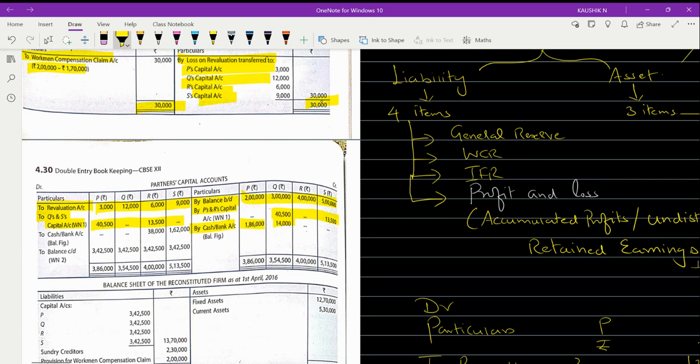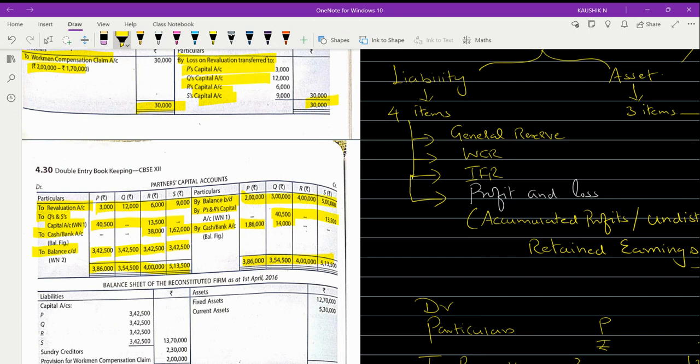So here, to cash or bank account, the withdrawal 38,000, 1,62,000. Any doubt up to this? And finally, the closing balance will be by balance carried on, and everyone will have 3,42,500 only as a closing balance, and then the total of each partner comes over here. Is it clear to you?